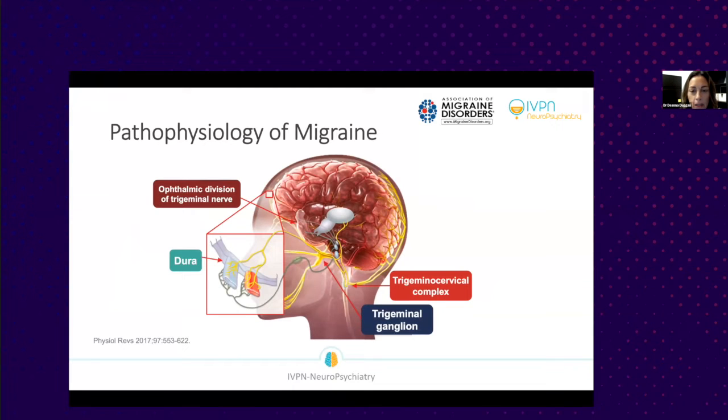So, pathophysiology of migraine, just in brief. We don't have a complete understanding of everything that's going on inside the brain during a migraine attack. But what we do know is that there is activation of the trigeminal nucleus caudalis, thalamus, hypothalamus, and cortex. And there are several neurotransmitters and neuropeptides, for example calcitonin gene-related peptide and neurokinin 1, that are produced in the trigeminal ganglion.